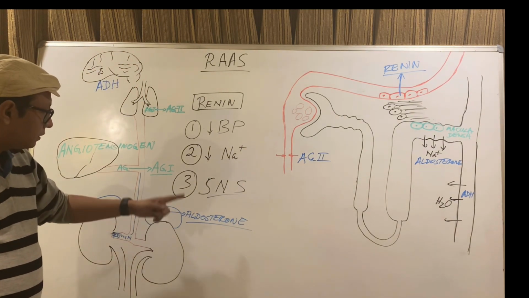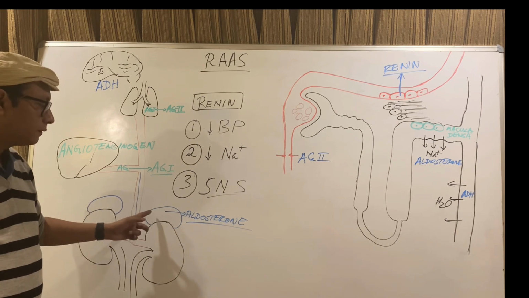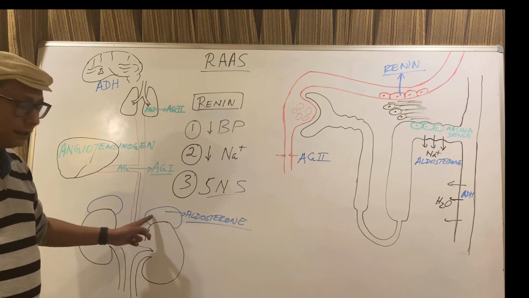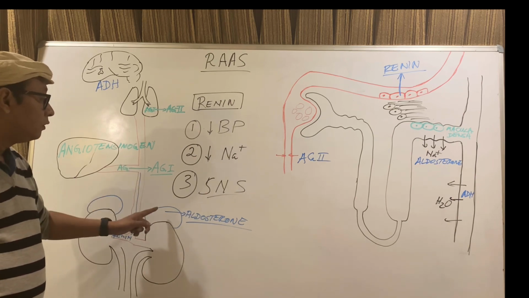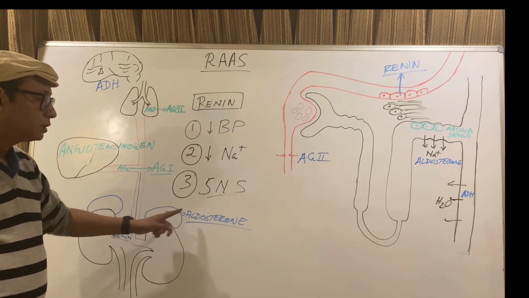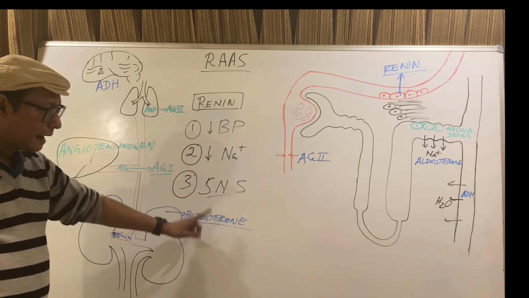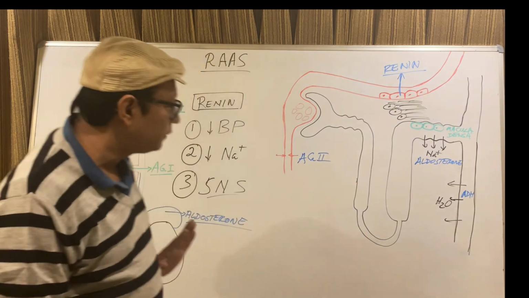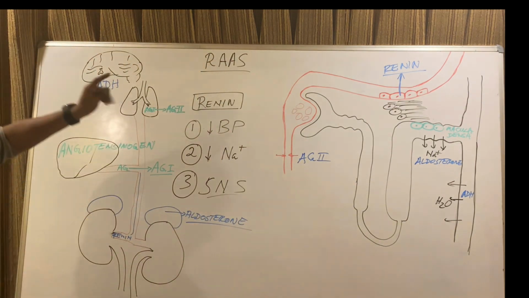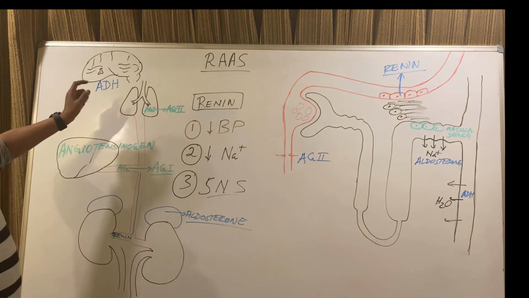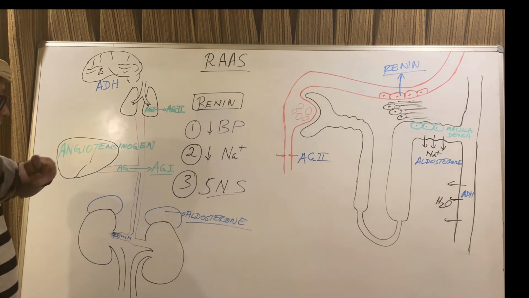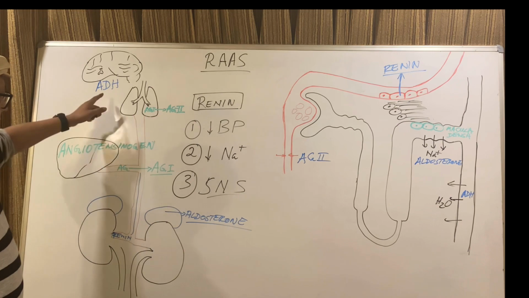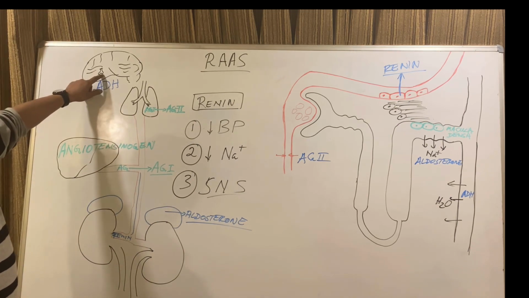Now we have another organ involved, the adrenal glands, which are just above the kidney. The renin will trigger the formation of aldosterone, and aldosterone has the action of reabsorbing sodium in the distal convoluted tubule. And the third way in which renin helps in the management of BP or decreased sodium count is by the secretion of the posterior pituitary.